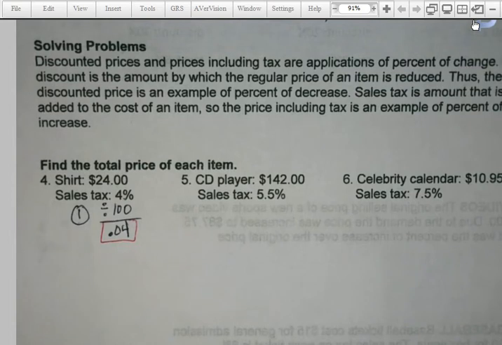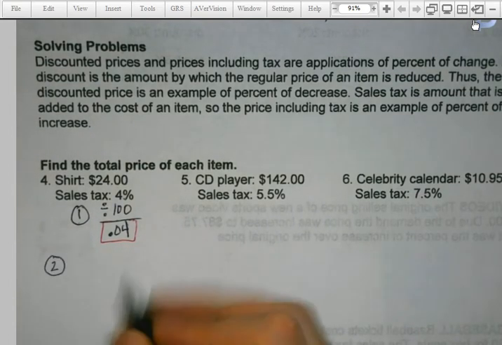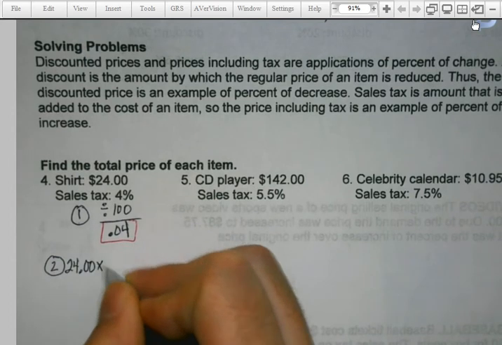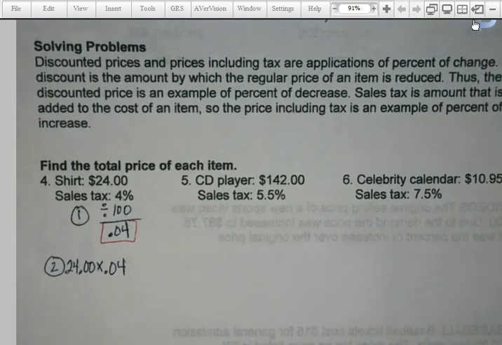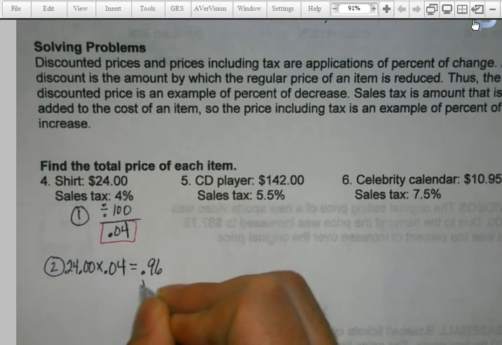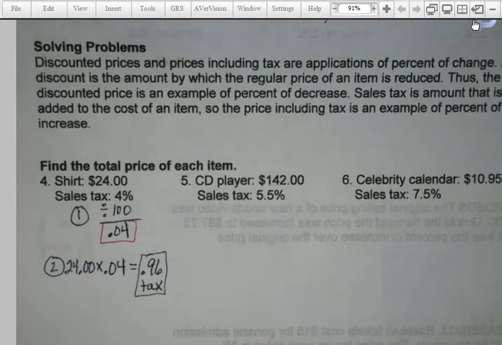There's actually going to be a process to this. My second step is to take the price of the item times my answer from the first part, or times the 0.04. So if I do that, that tells me how much the sales tax is.